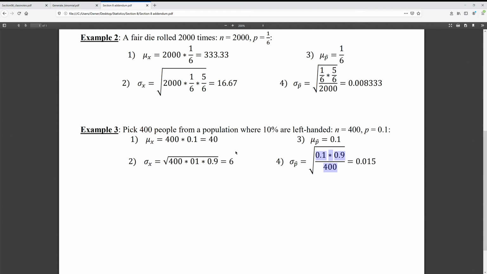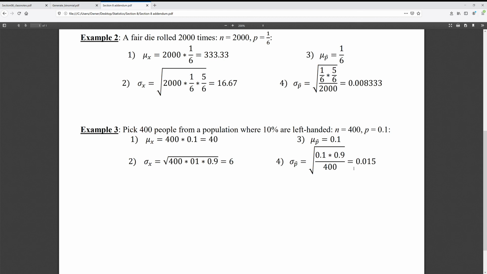Now, reality check. If you multiply this by 400, you will get this. I think that's pretty obvious. And if you divide this by 400, you will get this. Less obviously, if we divide 6 by 400, we're going to get 0.015.